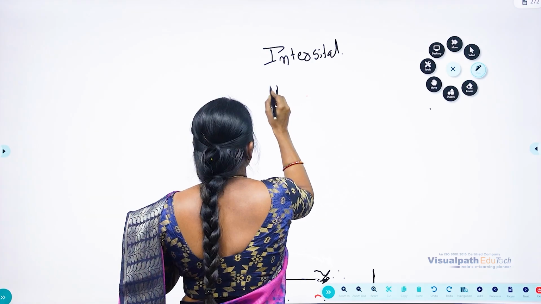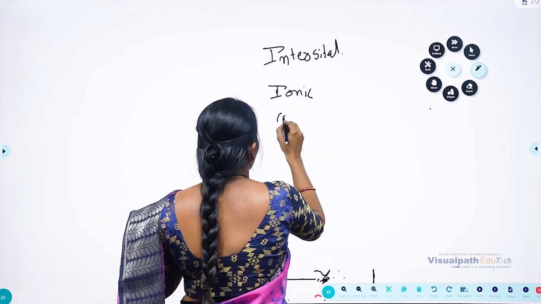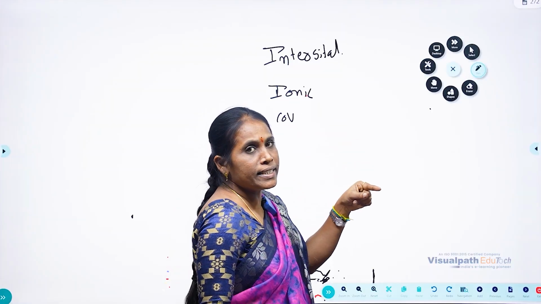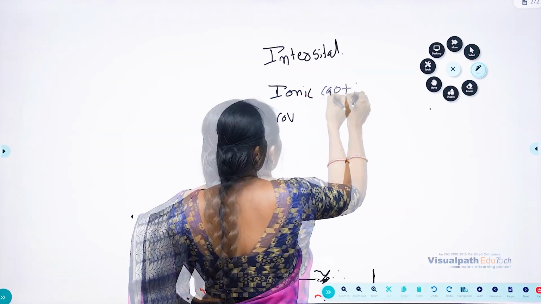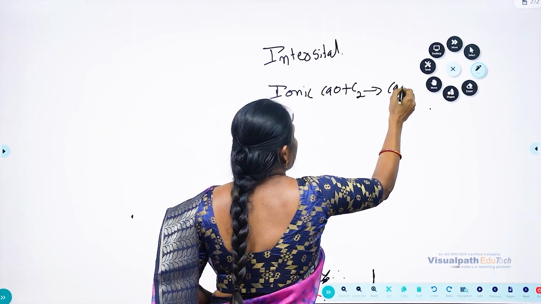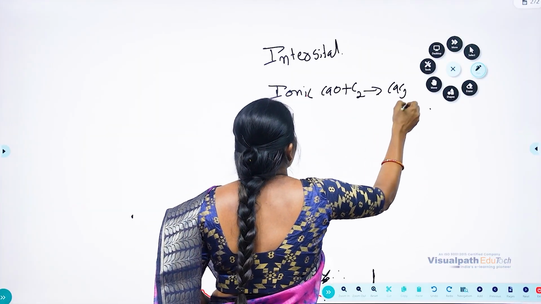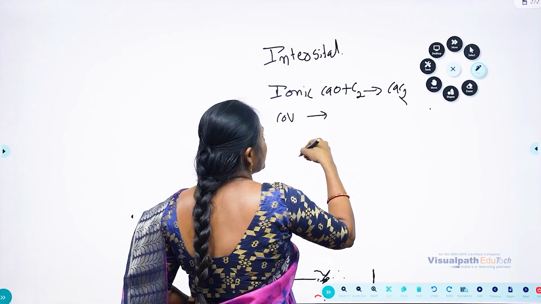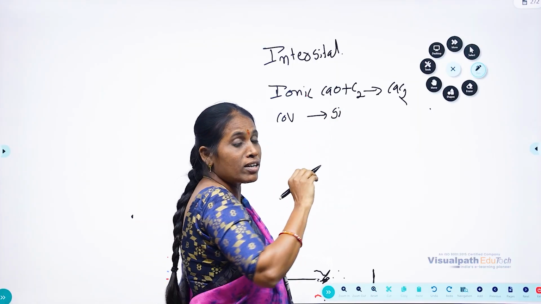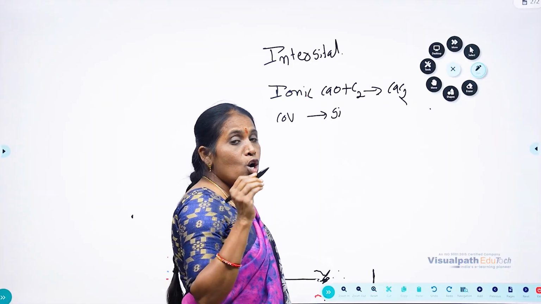One is the ionic, covalent and interstitial. Ionic means any carbon it forms, the example is calcium carbide. Covalent carbides, the best example is silicon. Why? Because the silicon molecule shows covalent bonds.